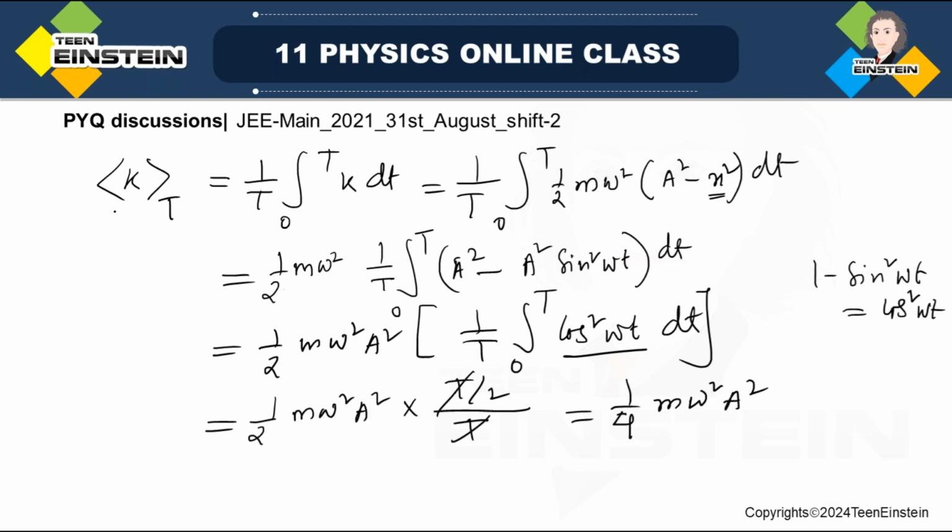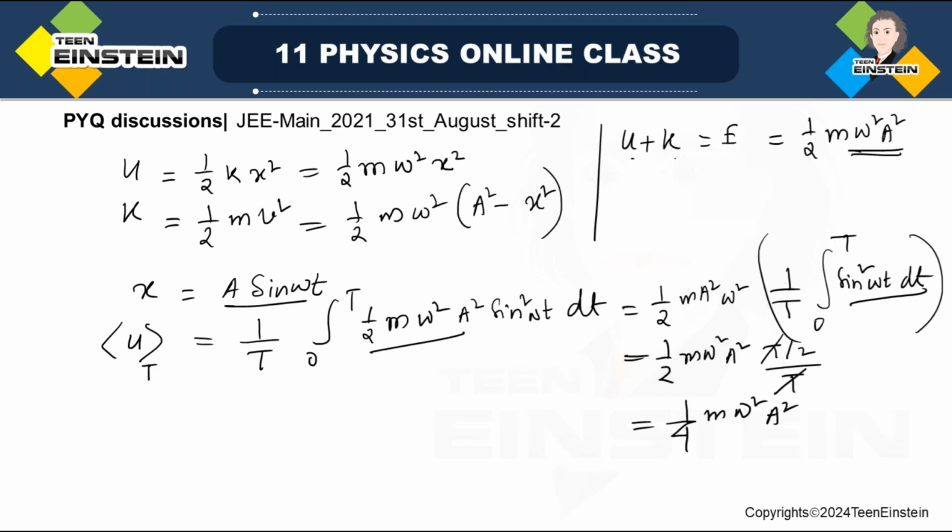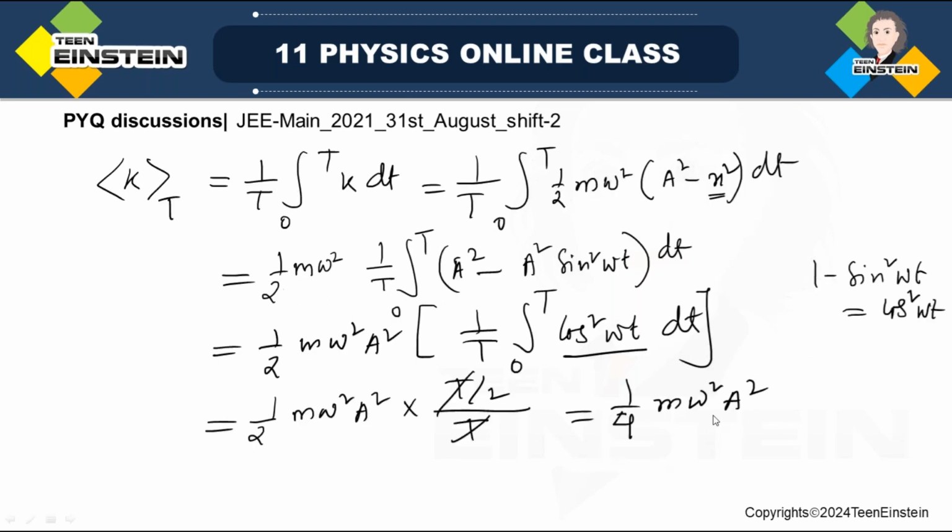So what I have got: the average kinetic energy in a full cycle and the average potential energy in a full cycle are both 1/4 m omega square a square. So both are the same, right?